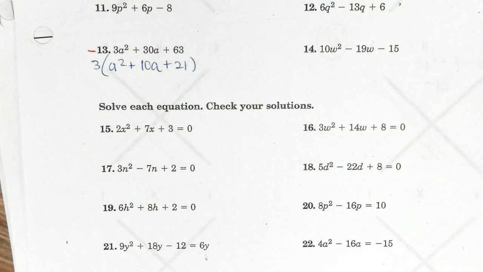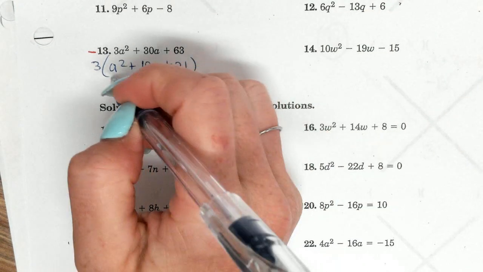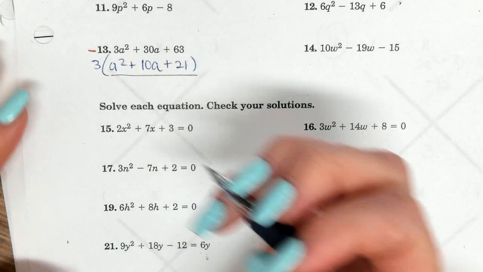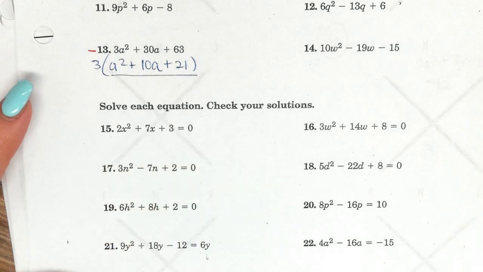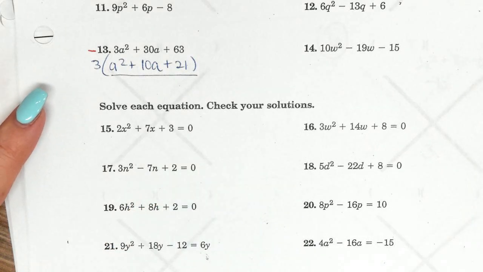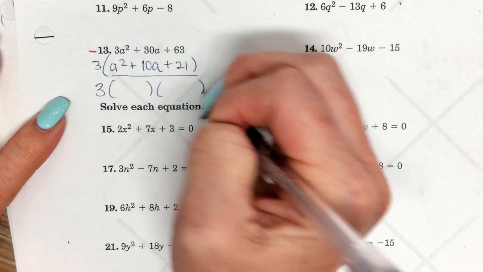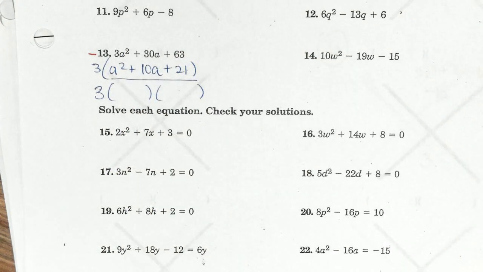Now when you do your X method, you're only looking at this part. And your final answer will have a 3 out front with your factors. Make sense?